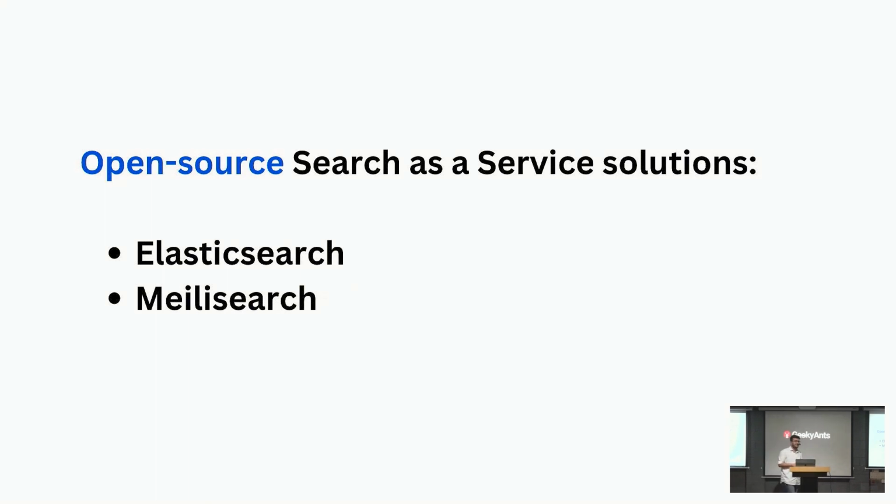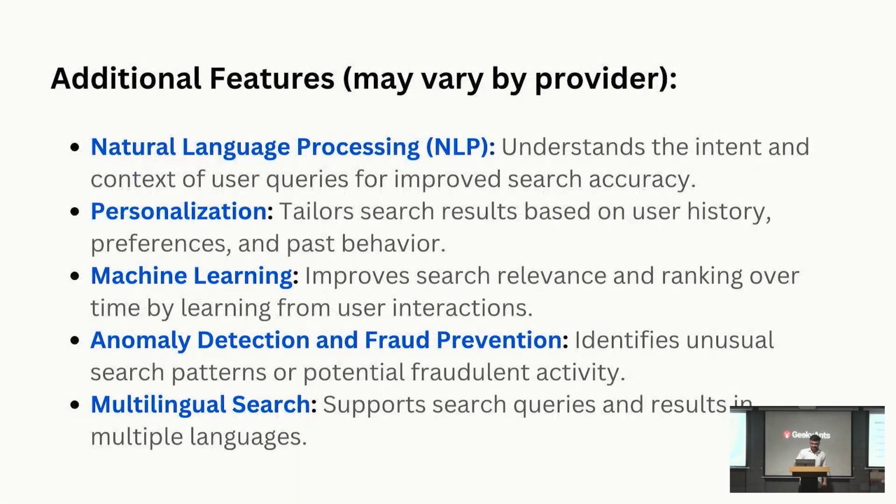When I started, I thought it's a very good business, I'll also create search as a service. But there are open source models which also provide search as a service. There's Elasticsearch, which is famously known, and then Meilisearch. These don't specifically have natural language processing, but they give a lot of power by already creating a base of search algorithms on which you can build other open source models for natural language.